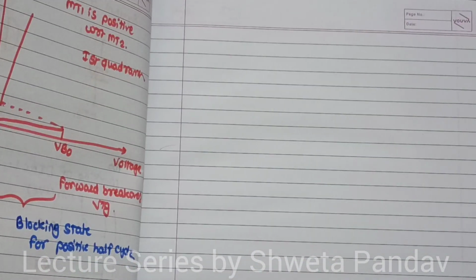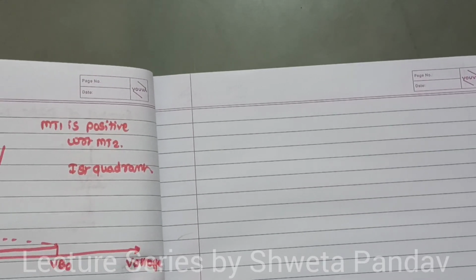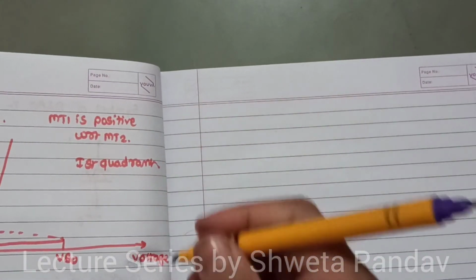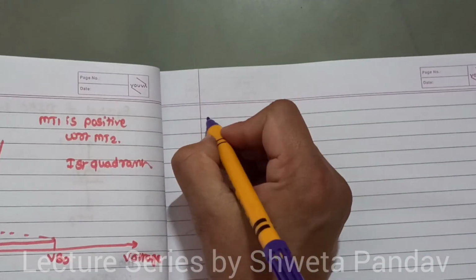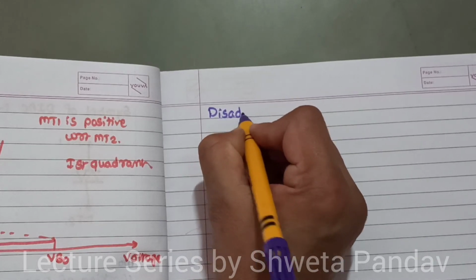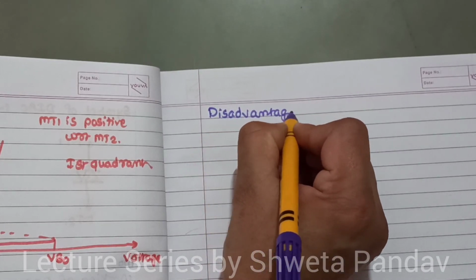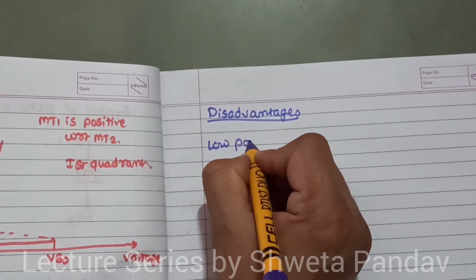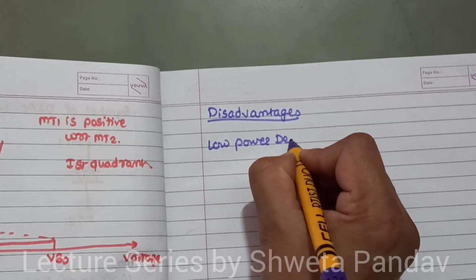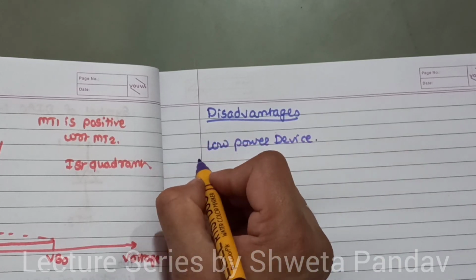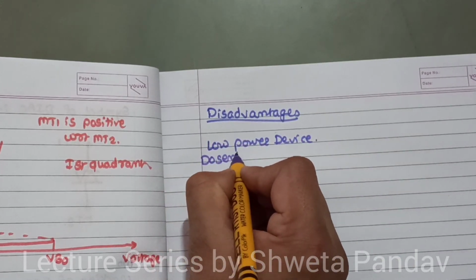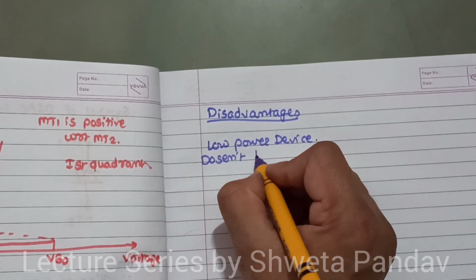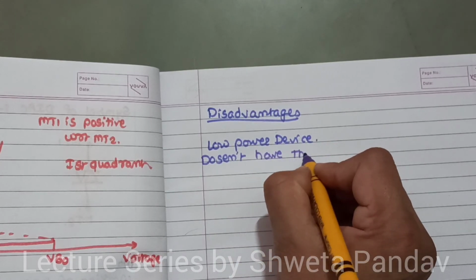Let us see some of the disadvantages of DIAC. The DIAC is a low power device, and the second disadvantage is that it does not have a control terminal.